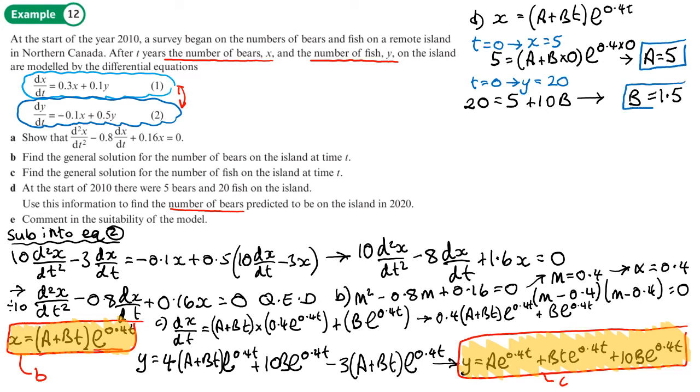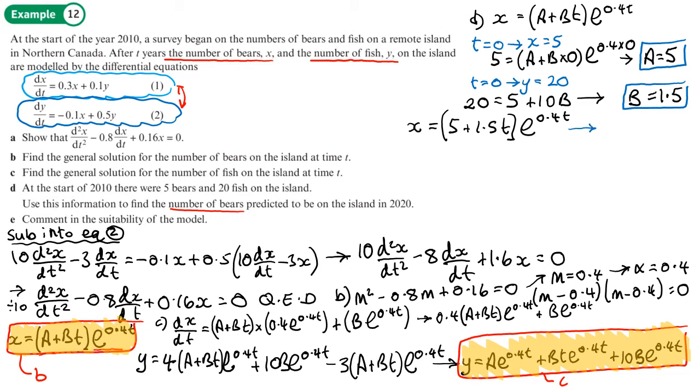So we have the values of A and B, and then we're going to get our particular solution. And that equation we can now use to answer the question. So it's going to be x equals 5 plus 1.5t, e to the 0.4t. And the question is asking, use this information to find the number of bears predicted on the island in 2020.